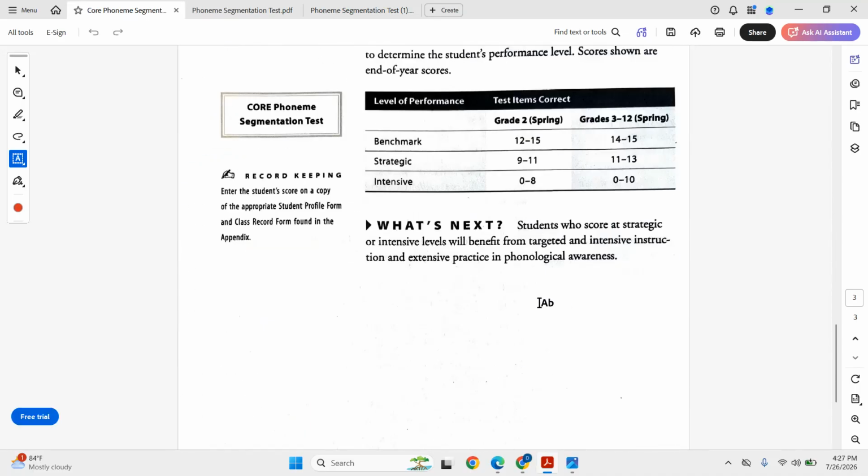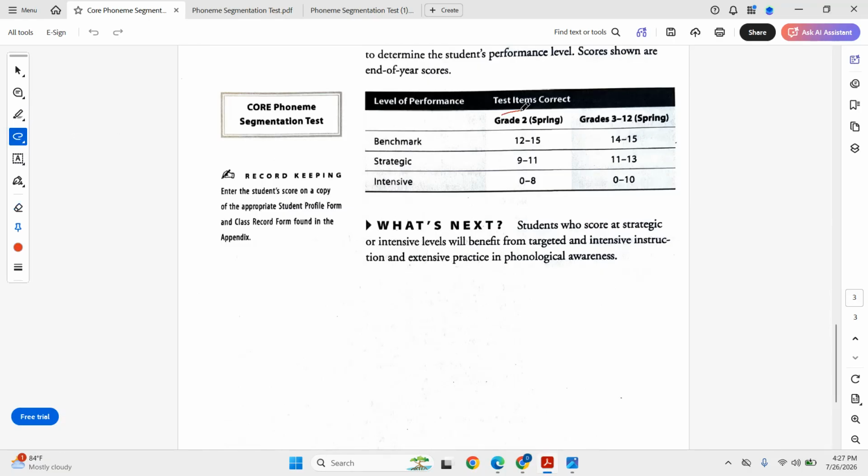All right. For grade 2 in spring, again, I did say to you, the date is very important because it tells the time of the year that the student was assessed. Now, after administering this assessment, for a student in grade 2, you would look at this section of the table.